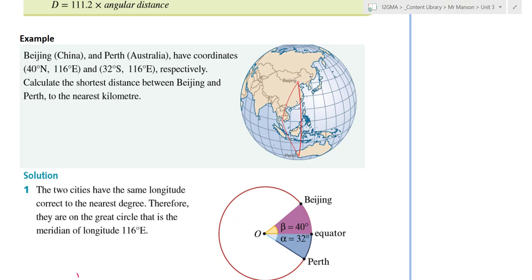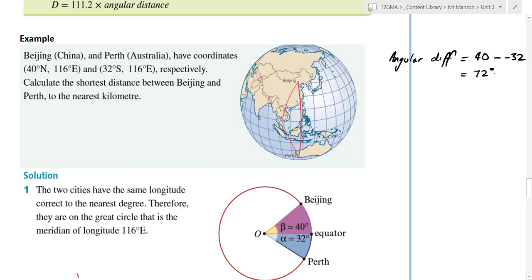What is that as a distance? Anybody with a calculator want to do that for me? So, the angular distance, or angular difference, equals, Beijing is 40 degrees north, minus negative 32. The difference is minus, but 32 degrees south I'm going to write as a negative.